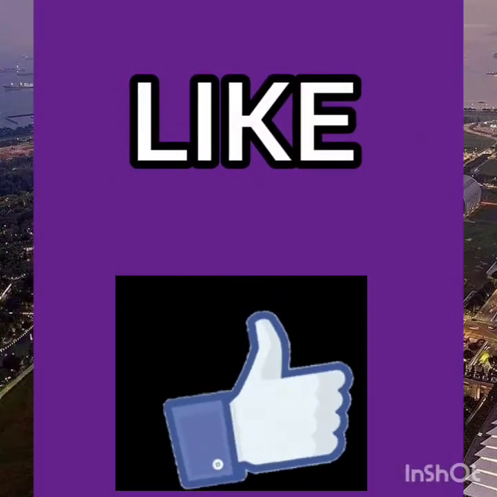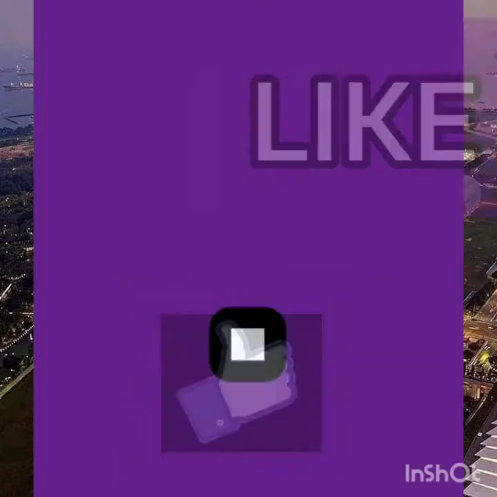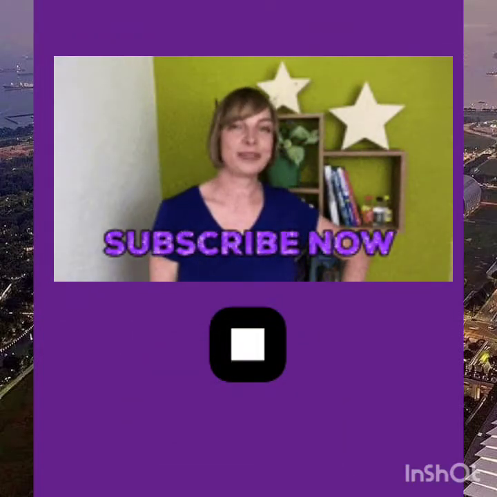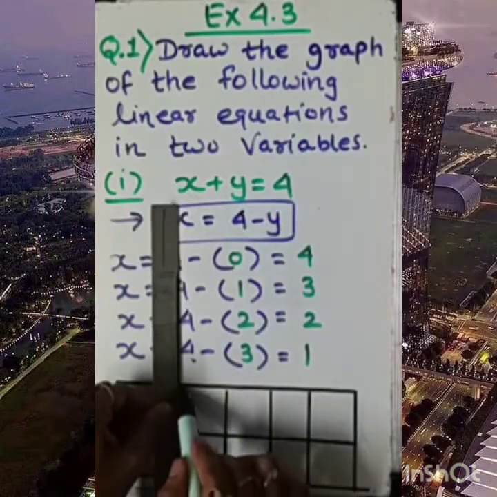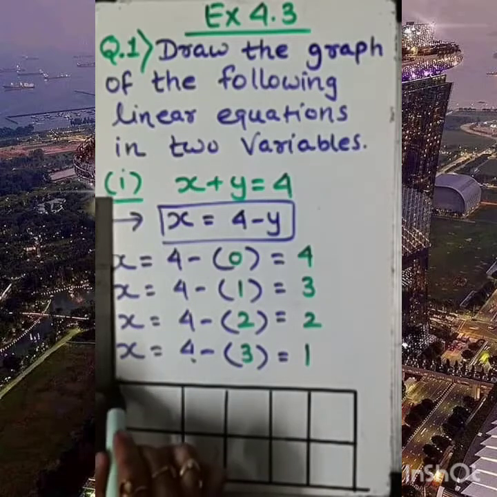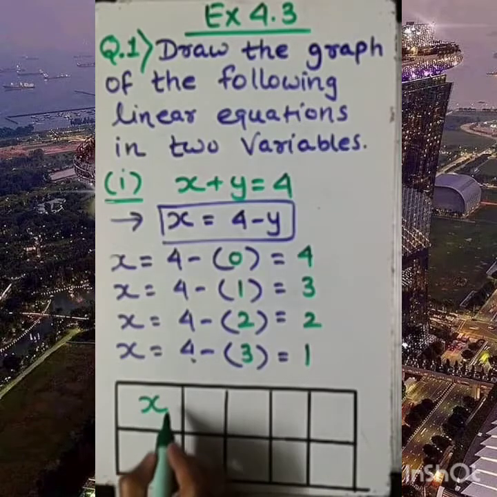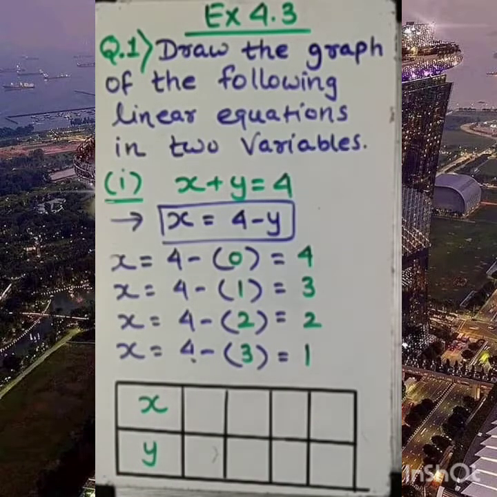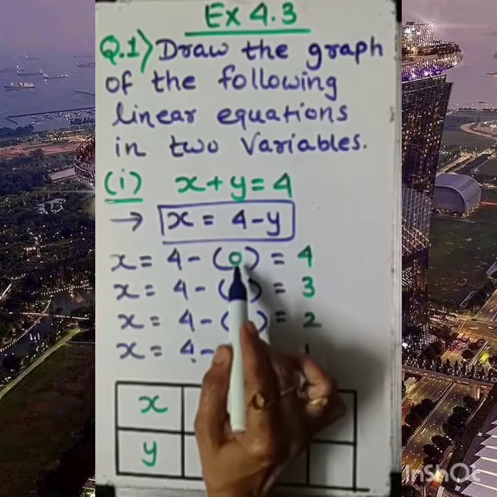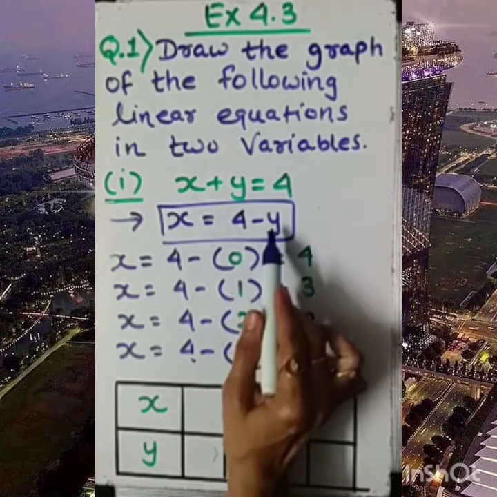How many? 4 different values we have taken. So I am choosing here 4 columns and this extra column for x and y. So what I need to write here, this is x and this is y. Dear student, be careful while inserting the values in the table. Reason behind it, here we are choosing 0 for y.